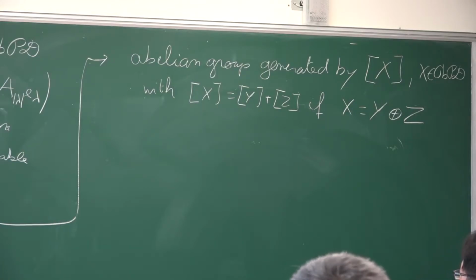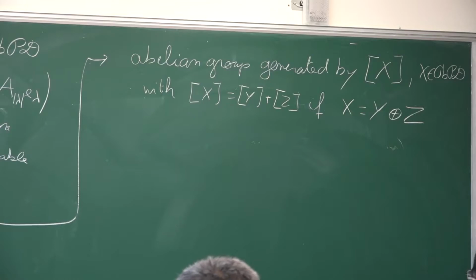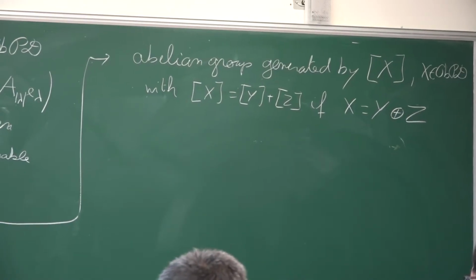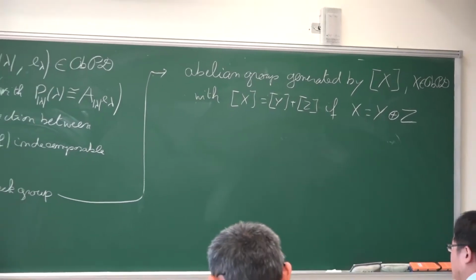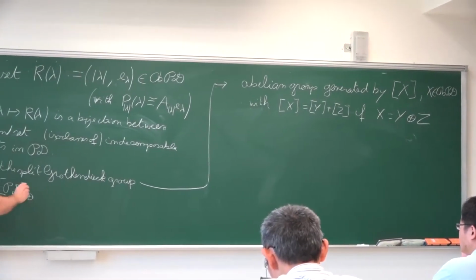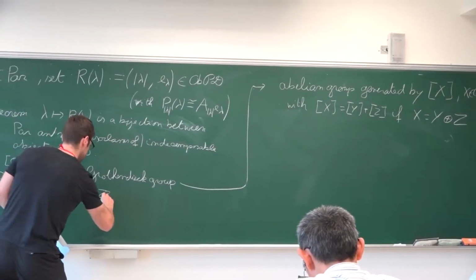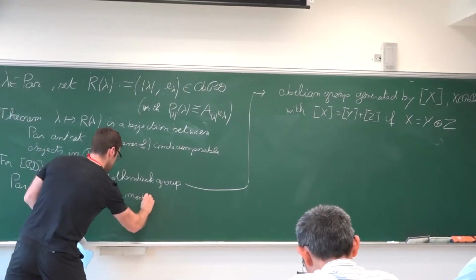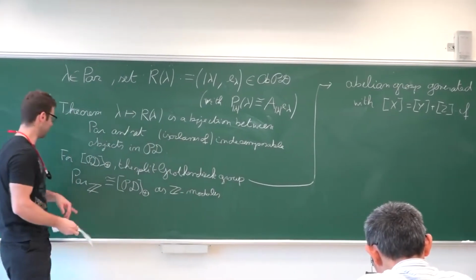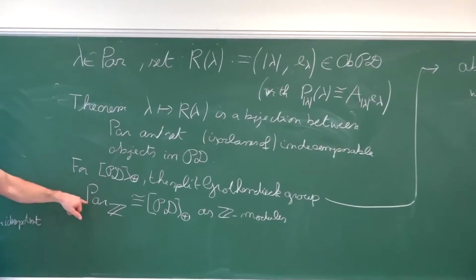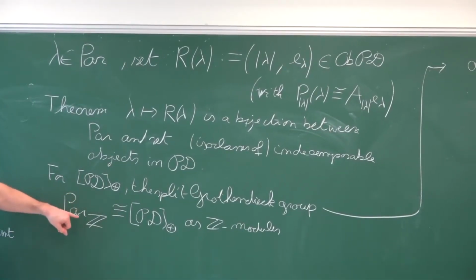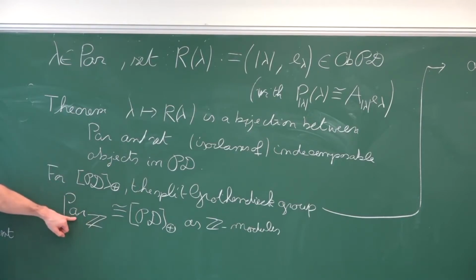It's just a more complicated way of saying that. Then we have that this group is isomorphic, as a Z module, to the space of partitions, the Z module given by Z linear combinations of partitions.